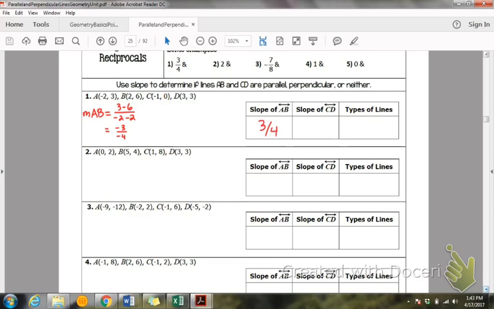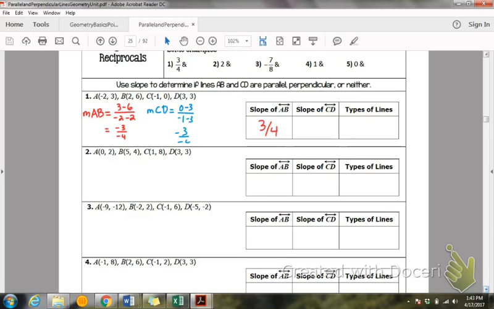Okay, then I want to find the slope of CD. Go ahead and find the slope of CD. So I have 0 minus 3 over negative 1 minus 3.